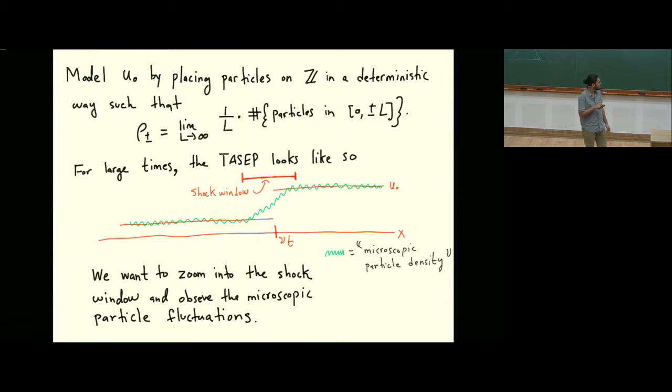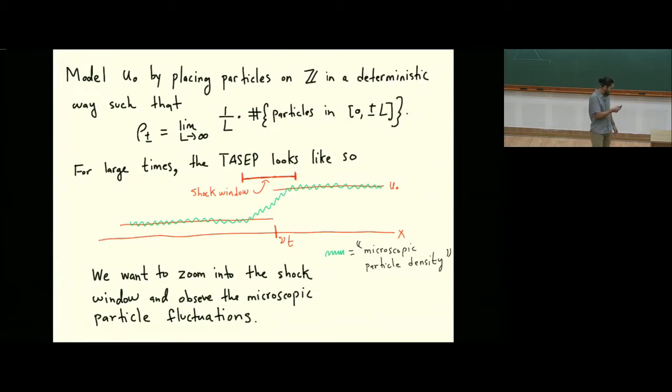There is some window of macroscopic width where it goes from rho minus to rho plus. And what we would like to do is zoom into this shock window and observe this green curve here, the TASEP system within here, and understand the particle fluctuations there. That's going to be the process at the shock.